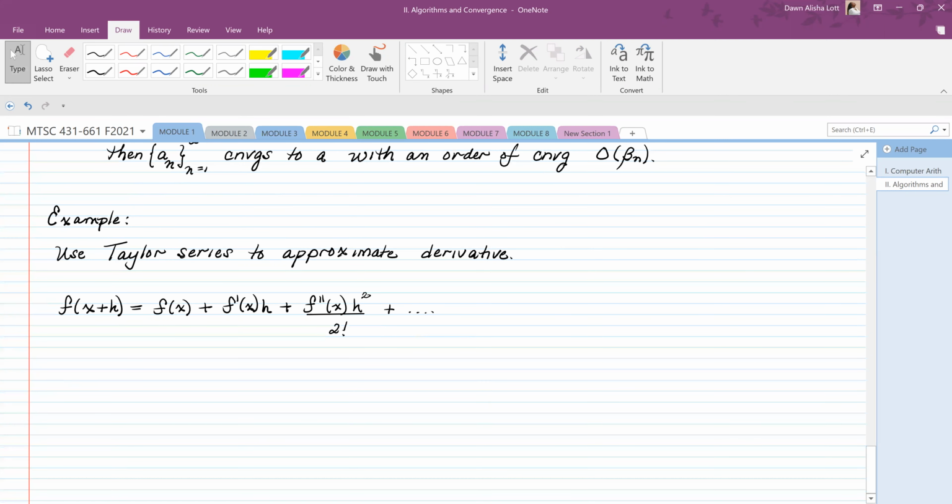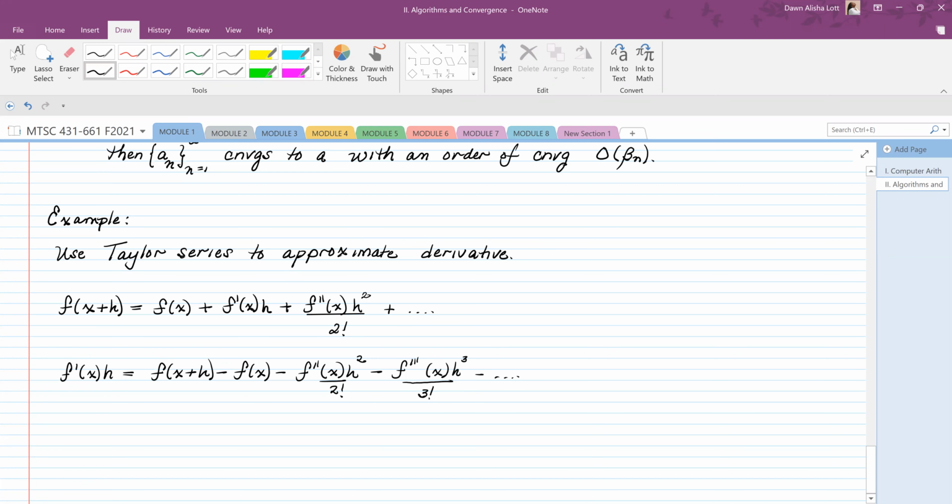So if I take, and I'm going to write, f prime of x times h is equal to f at x plus h minus f of x minus f double prime of x times h squared over 2 factorial minus f triple prime at x times h cubed over 3 factorial minus dot dot dot.